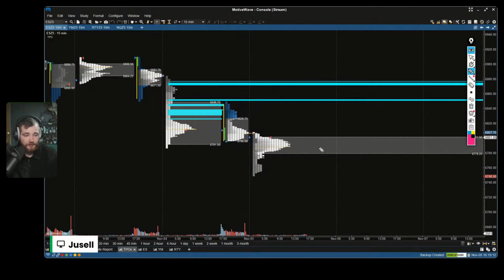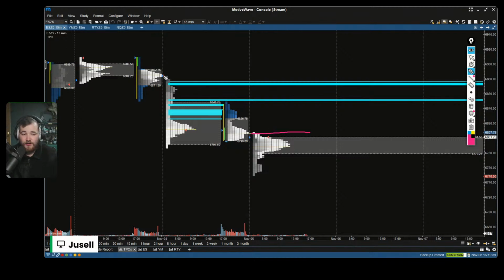Okay. So we have a few things we are looking for here today. I'm going to take a sip of my drink. In ES, this is a level that I'm looking to get to today. It's a magnet. It's yesterday's close, the previous close. And as a gap trader, I like to fade to the close. So this is going to be a level of interest for me.